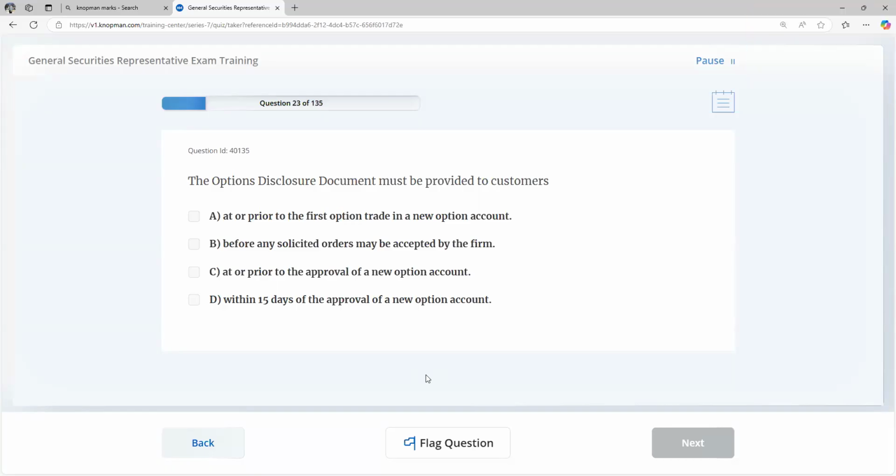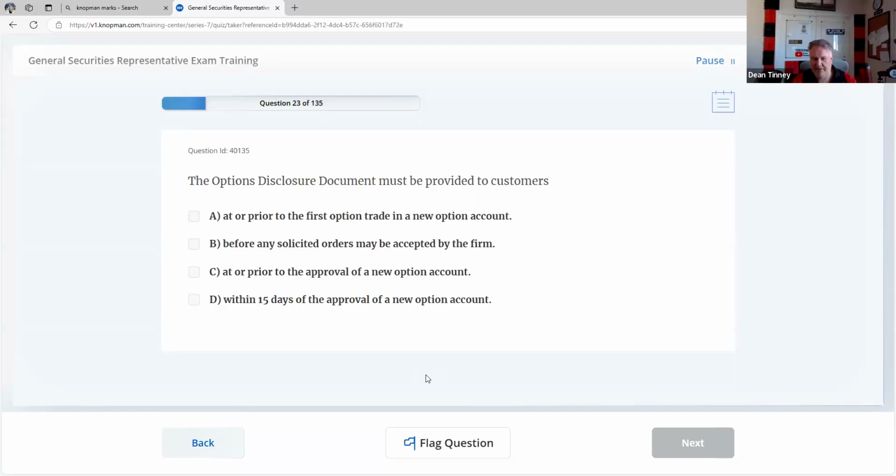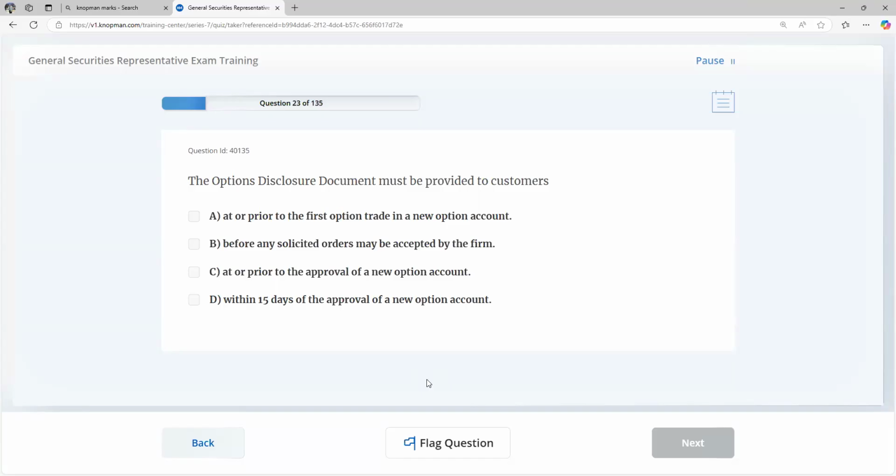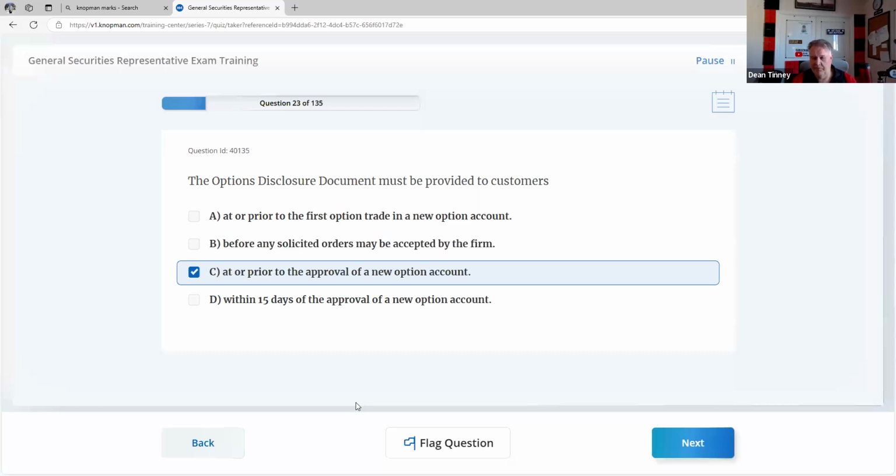And you are going to say yes. That means prior to the first option trade in a new account, before any unsolicited orders, at or prior to the approval of the new option account. You gotta give them the disclosure. Your principal's gonna kick it back to you if you say you haven't given it yet.